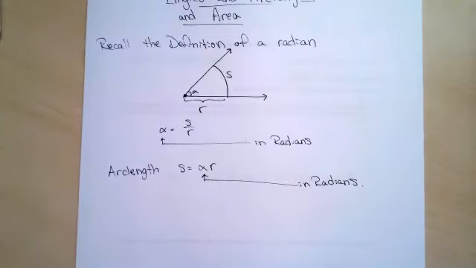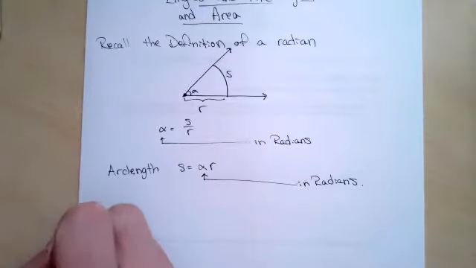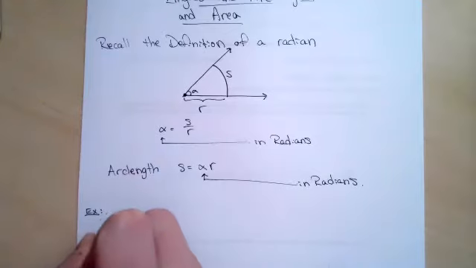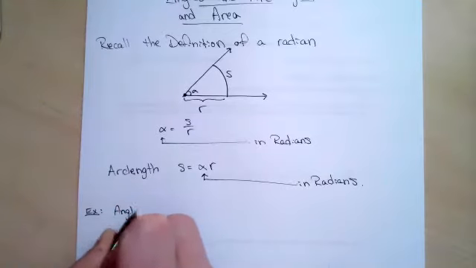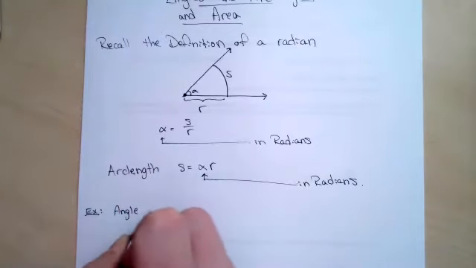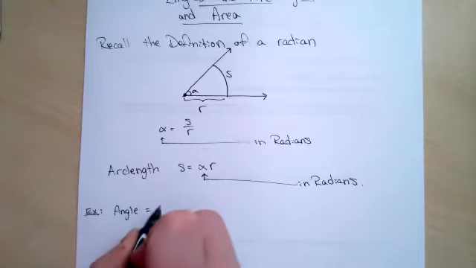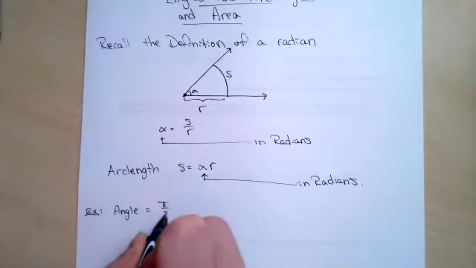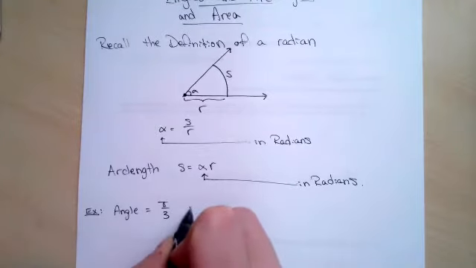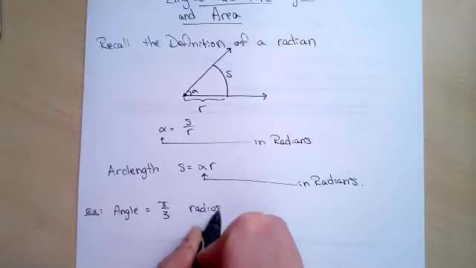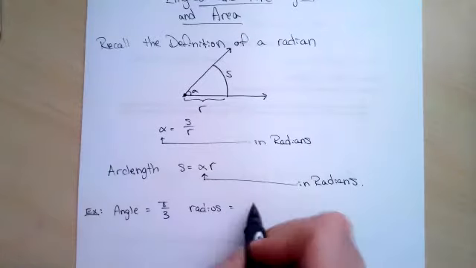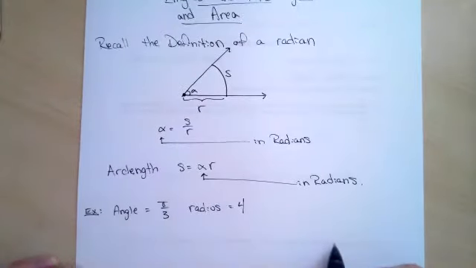So basic example, let's give you certain quantities. We have an angle measure of, let's say, pi over 3, and the radius is equal to 4.